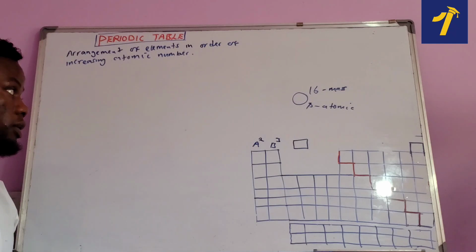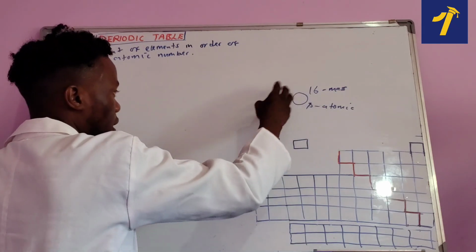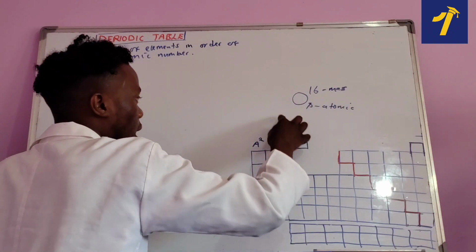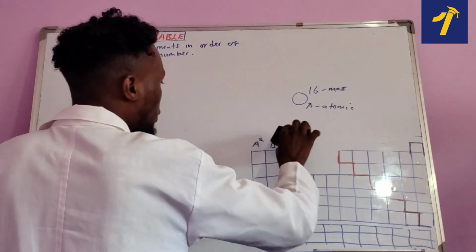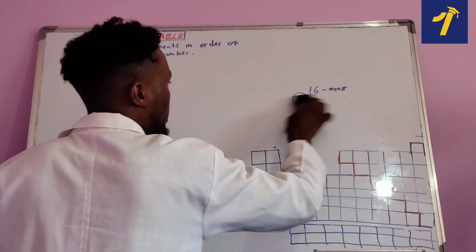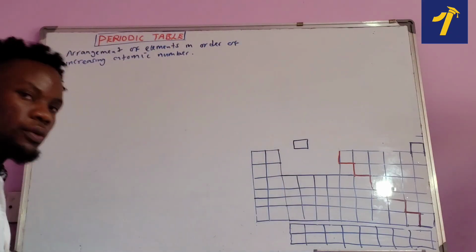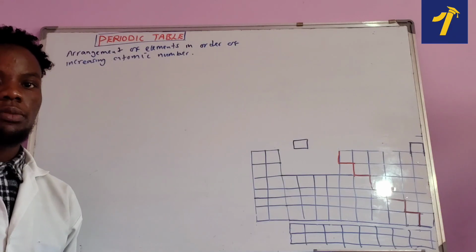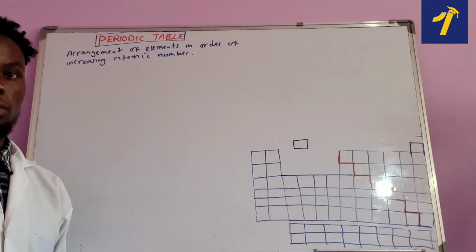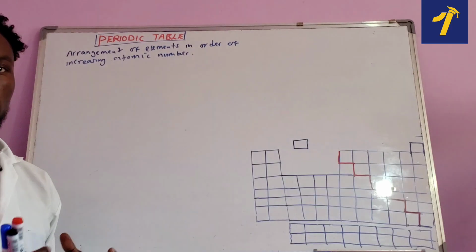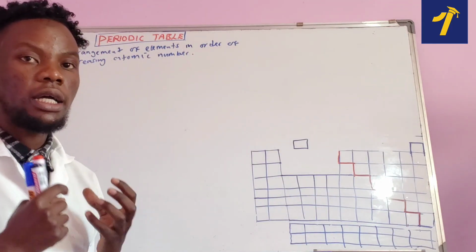So you need to know about that. Now the periodic table talks about the arrangement of these elements according to their increasing atomic number. Since we've understood the definition, what else are we supposed to know about this periodic table? To go into details, these elements are going to be arranged in different categories.